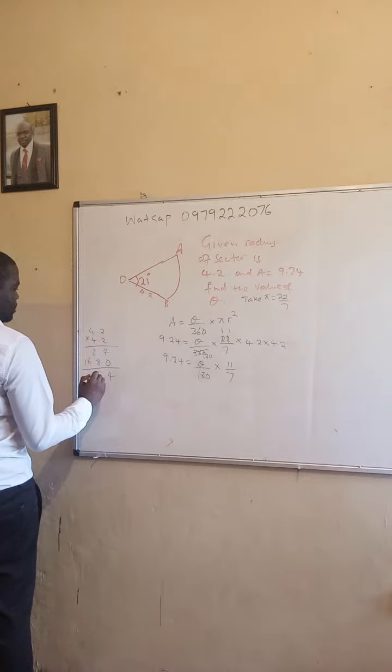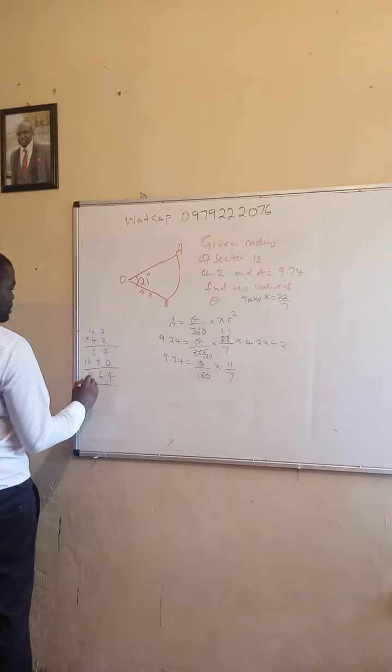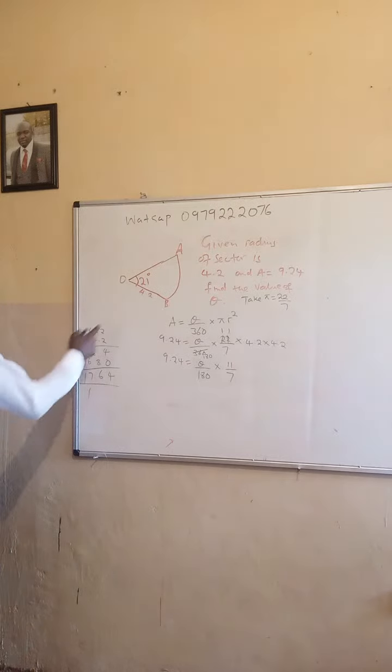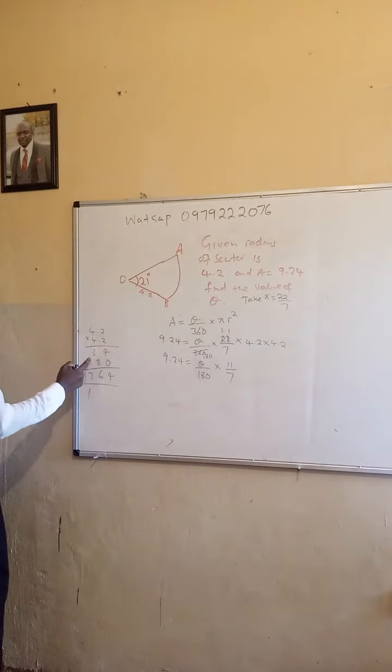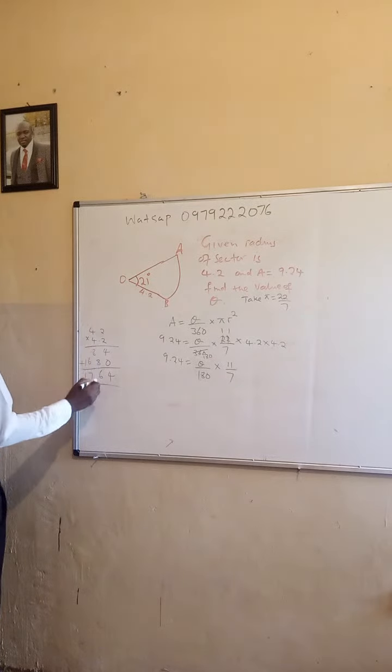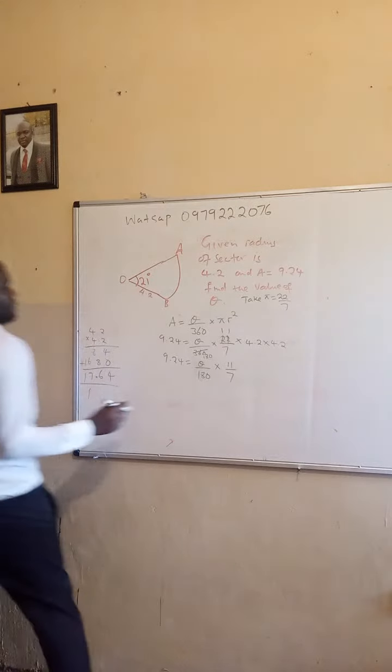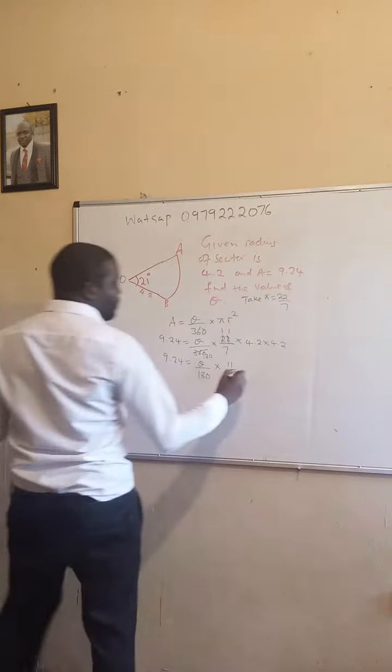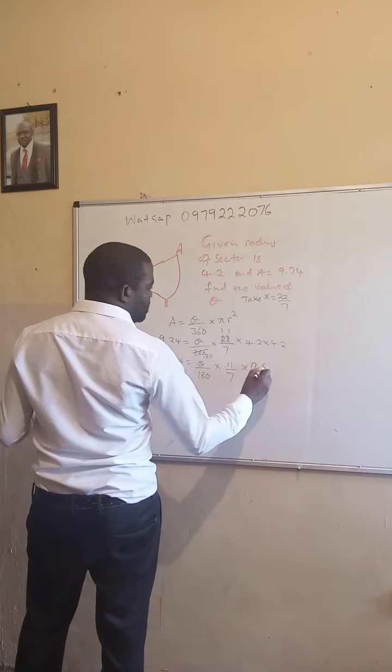So 4, 16, carry 1, 17, 1. Okay, this 2 times 2, 4. 2 times this is 8. This is plus, which is 8, 8 there, 16. Placeholder 2. There are 2 decimal places because there are 2 decimal places here. So it will be 17.64.